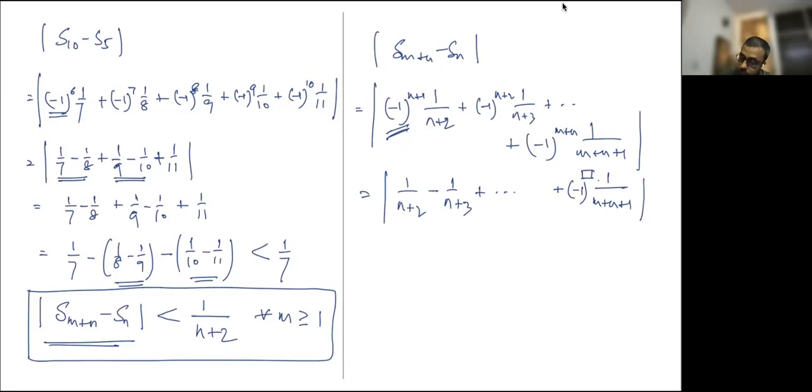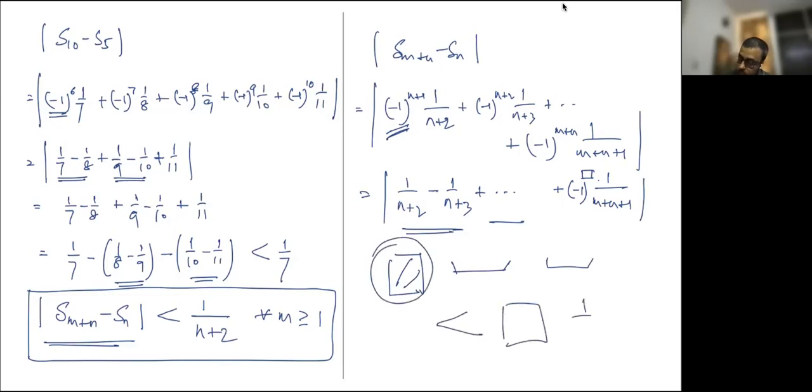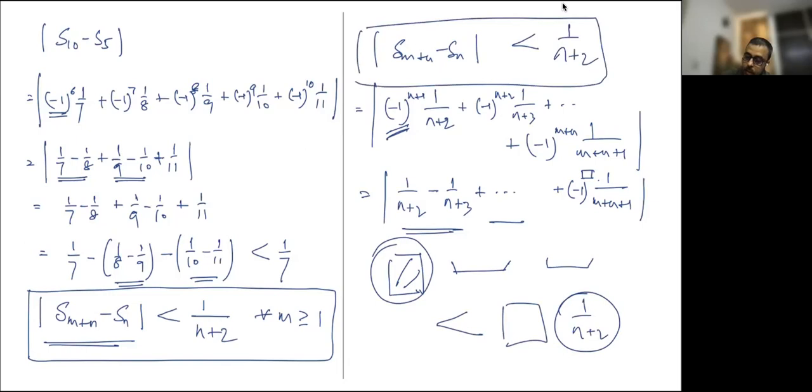But now onwards, again, the argument would be the same. The first step, you observe that if you group them like this, it is a positive quantity. So you can get rid of the modulus sign, and then you group them slightly differently. You keep the leading term separate and then group two at a time and conclude that this is less than or equal to this leading term, which is 1/(n+2). So you will get this inequality.